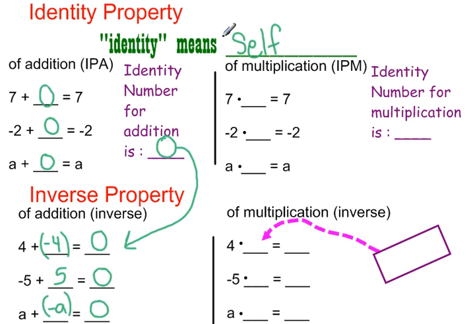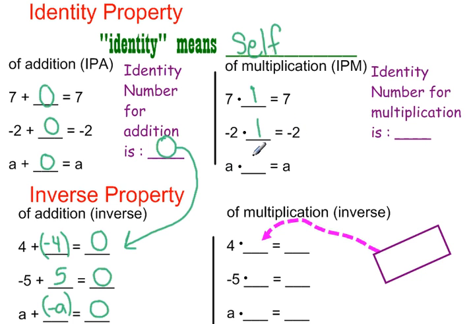Let's go over here and look at the identity property of multiplication. Identity, remember, means self. If I'm the number 7, how do I stay the number 7? What can I times by that will keep me the number 7? 7 times 1 will give me 7. Negative 2 times 1 will keep me at negative 2.